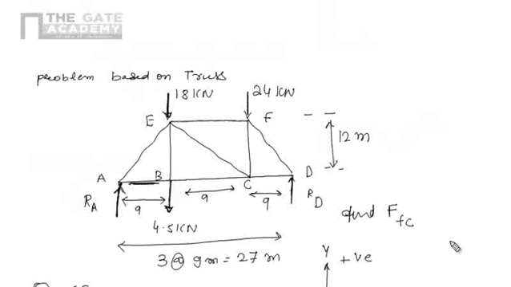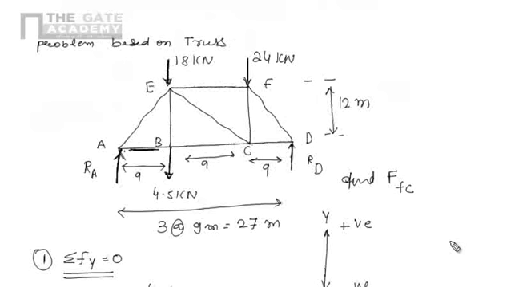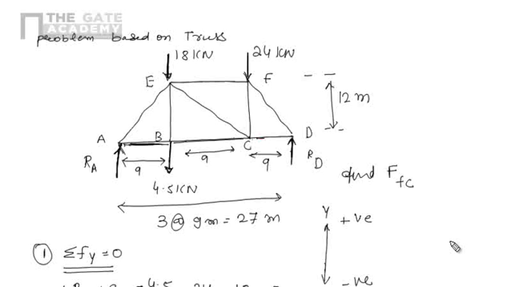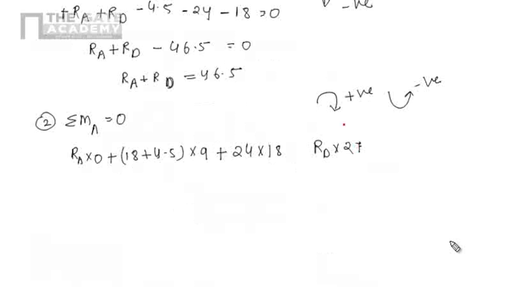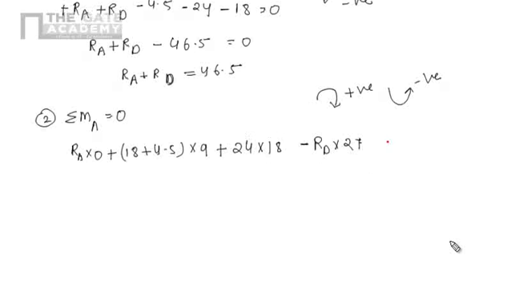Similarly, for this 24 kilonewton, the line of action passes through point C, and the distance from A to C is 9 plus 9, 18. So the moment at A due to this 24 is 24 into 18, and the direction is clockwise, so positive. Due to RD, the perpendicular distance is 9 plus 9 plus 9, which is 27, and the direction of moment is anti-clockwise, so negative, equals 0.